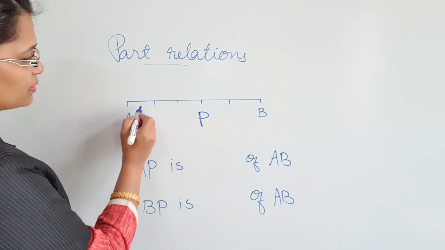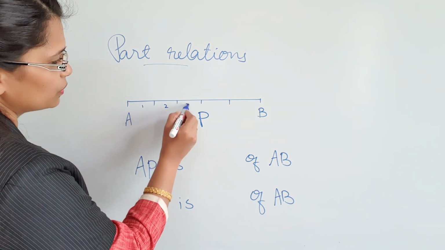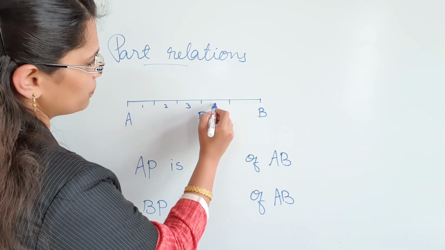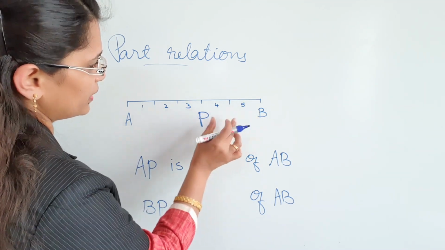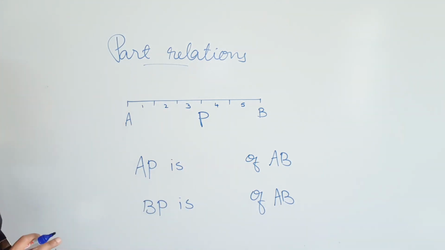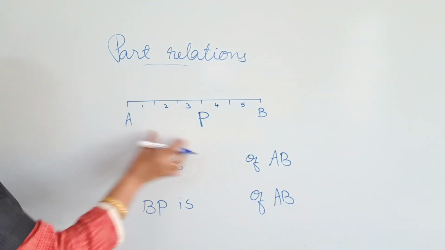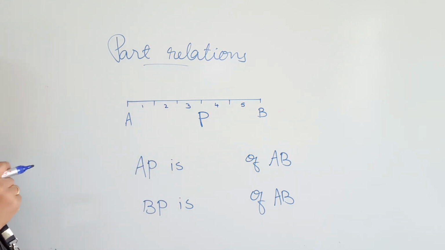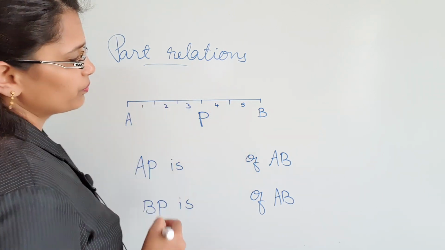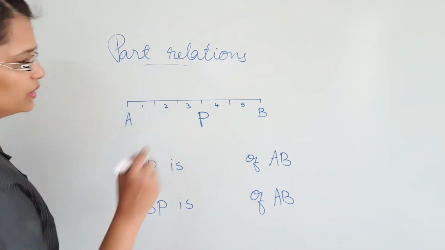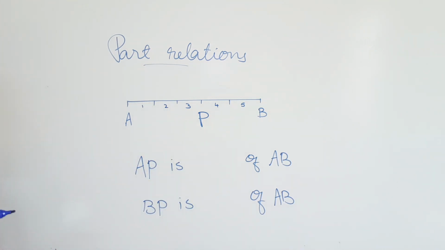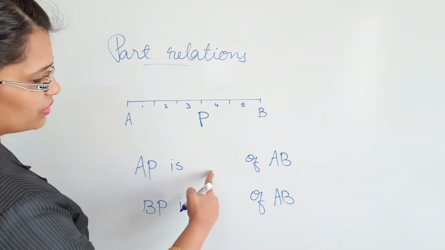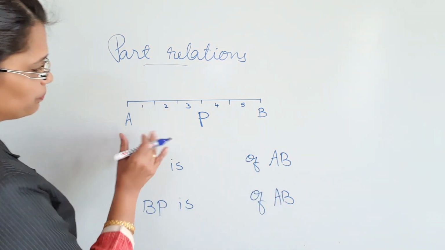So, AP is equal to 3 parts, and PB is equal to 4 and 5, that is 2 equal parts. Total AB, the length of line AB, is equal to how many equal parts? 5 equal parts.